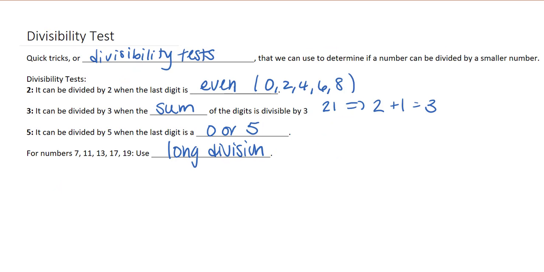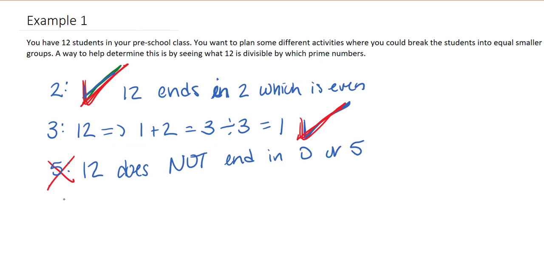If we go back, we looked at 7, 11, 13, 17, or 19. 12 can't be divided by 7 because 7 times 2 is 14, so it would actually have to be a higher number for 7 to work out. And you can't go 12 divided by 11 because that's not a whole number. So the prime numbers 12 is divisible by are 2 and 3.